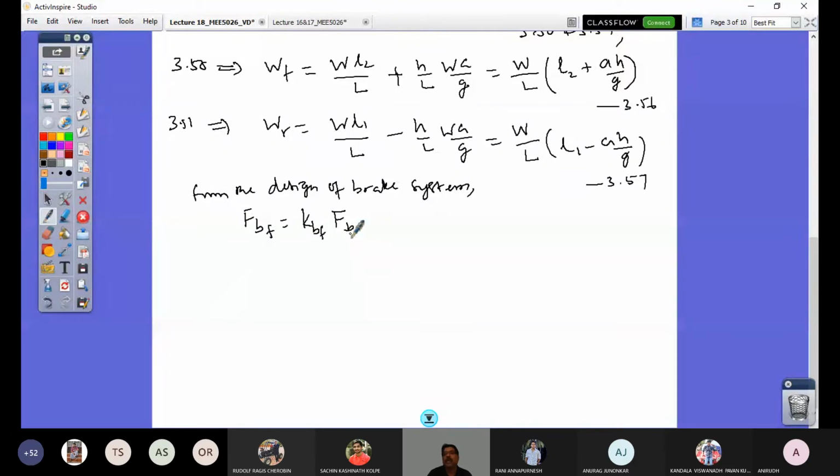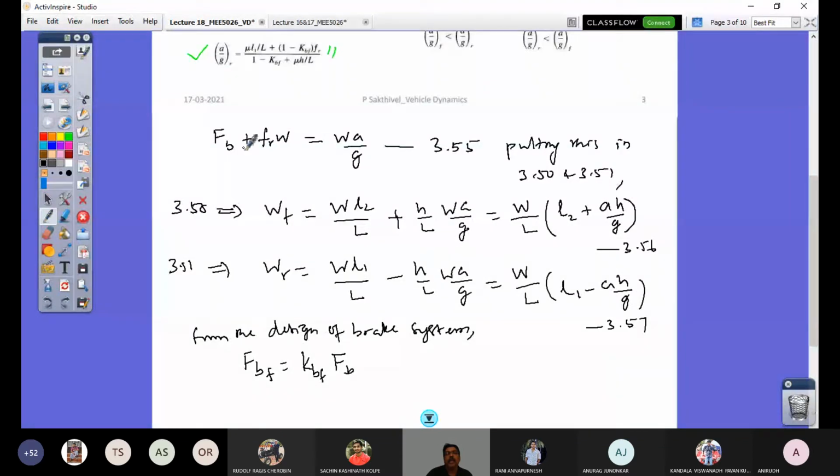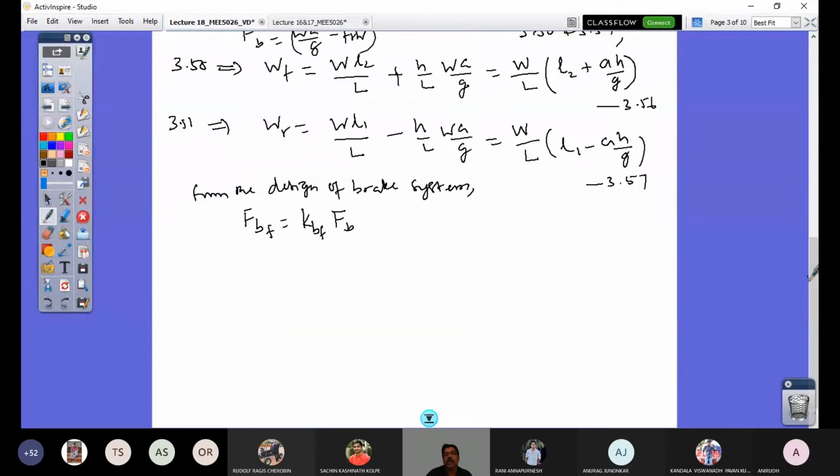So this FB I can replace now. Look at here, what is my FB? I have this equation. So FB from this equation can be written as WA by G minus FRW, right? I can write this from equation 3.55. So if I substitute this FB now in this expression, it's going to be KBF into WA by G minus FRW, right?